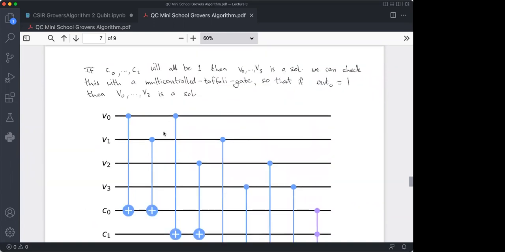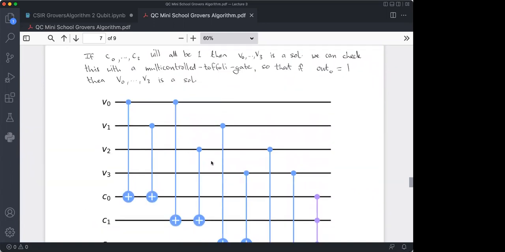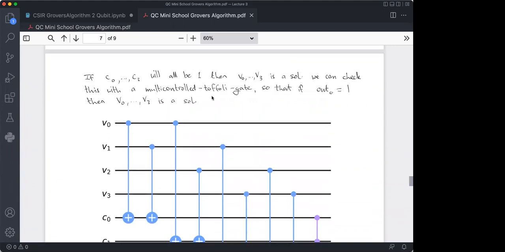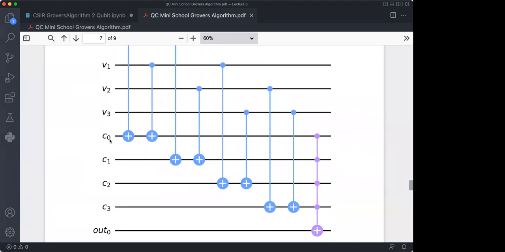Instead of checking all 4 clause qubits separately, we use a multi-controlled Toffoli gate applied to the last qubit, out 0. If all 4 of these clause qubits, C0 to C3, are in the state 1, then out 0 should be in the state 1, and that tells us that we found a solution to our Sudoku problem.